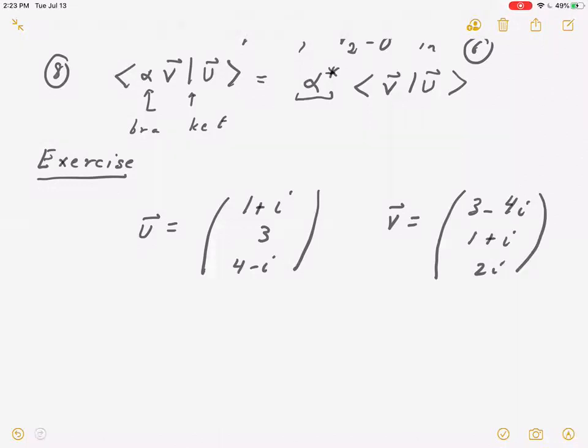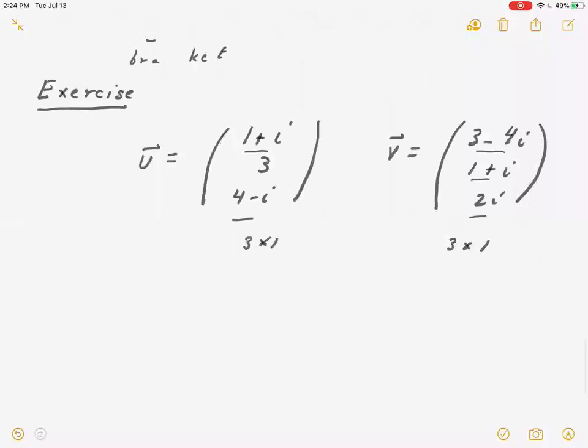The 1,1 and the 3,1 matrix elements of U are complex, and all the matrix elements of V are complex. So these guys are 3x1 matrices.